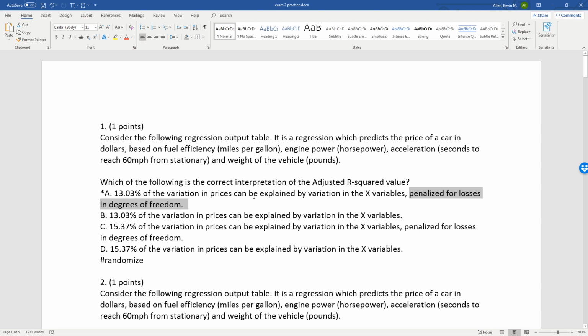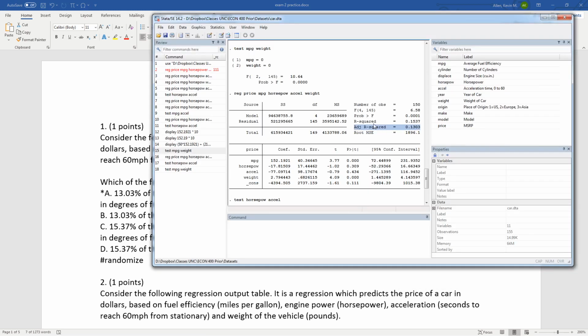This is 13.03% of the variation in prices can be explained by variations in the x variables. Again, penalized for the losses in those degrees of freedom. The regular R-squared doesn't have that penalty, so it's important to understand the slight distinction there.